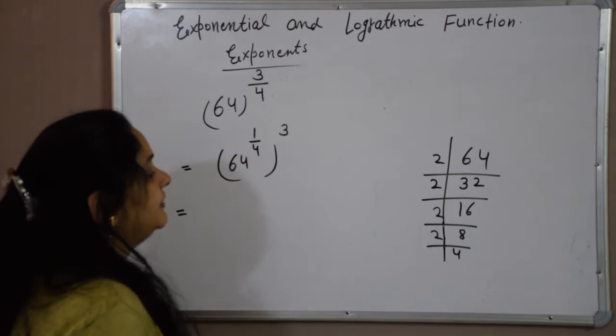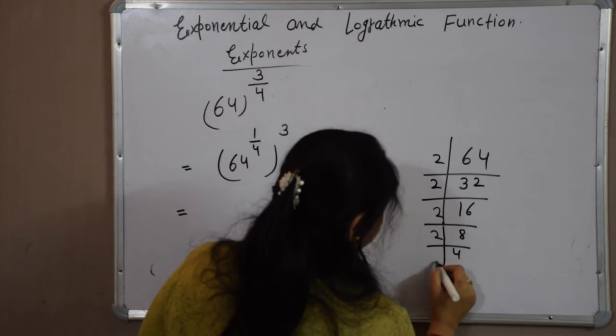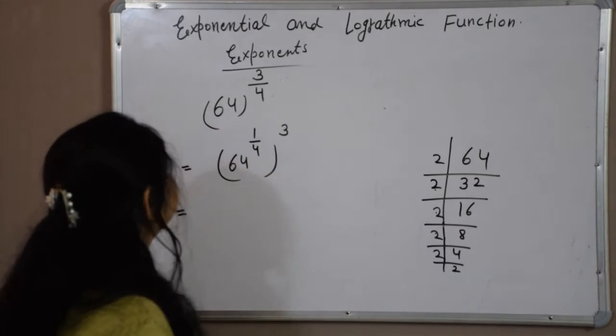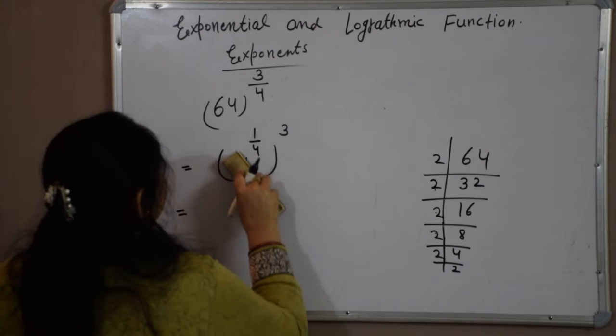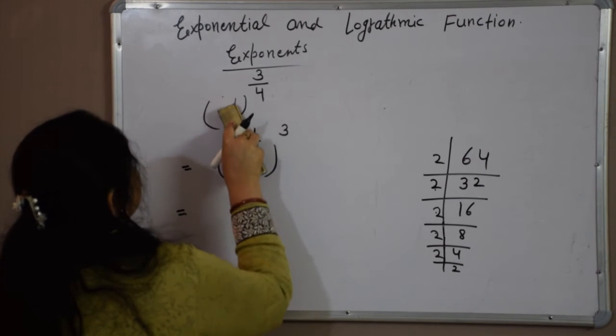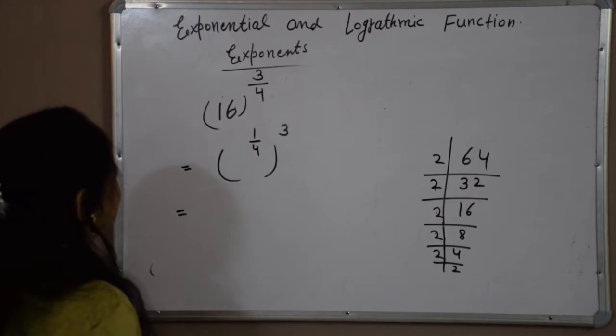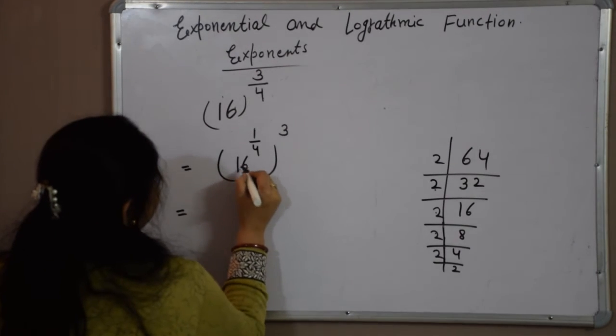In place of 64 here, I should use 16. 16 raised to power 1 by 4.